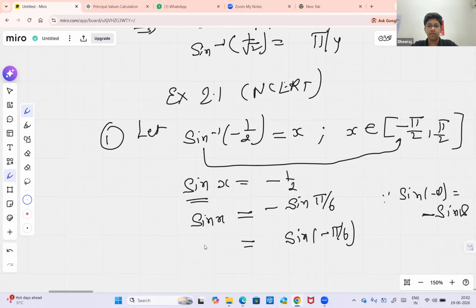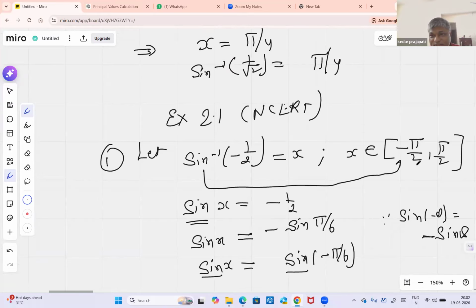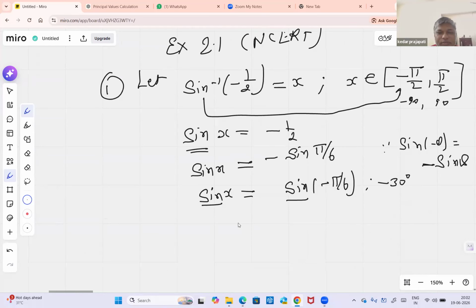Now the left side and right hand side are equal, I mean the sine quantities are equal. And minus pi by 6 is inside the range, since minus pi by 6 is minus 30, which is between minus 90 and 90. So what is the value of x?